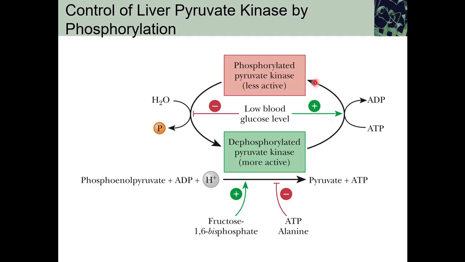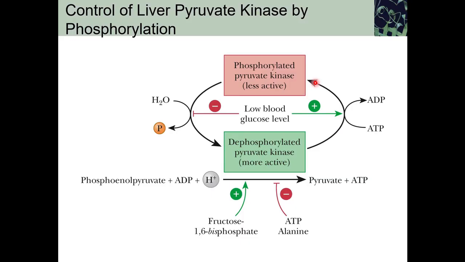Now, does that make sense? You have low blood glucose level. Always ask yourselves if such makes sense. So if you have low blood glucose level, what do you think is necessary here? Remember the liver. This is the liver we're talking about, whose primary function is the maintenance of blood glucose level.